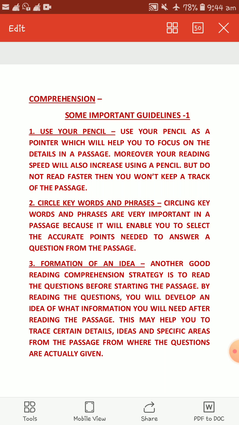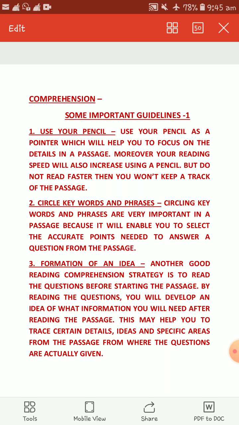And last but not the least, formation of an idea. Now this is another technique, reading the questions beforehand and then locating the specific areas or paragraphs from the passage from where you can get the answers. So in that way also you can solve a comprehension passage.